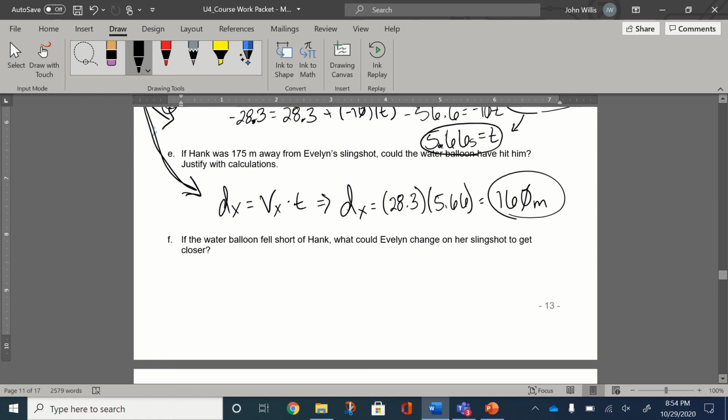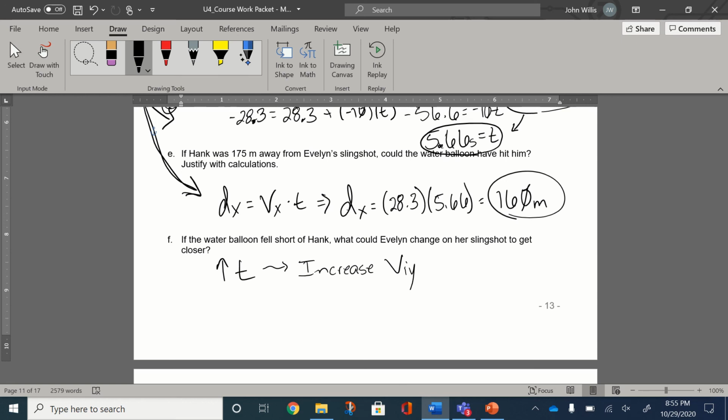There are going to be a number of things that you could do in order to extend your range. You could increase the amount of time that it's in the air. To increase the amount of time that it's in the air, you would have to increase, and actually this is what your gizmo should show you, your initial vertical velocity in that y direction, right?